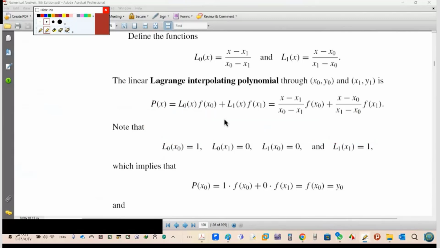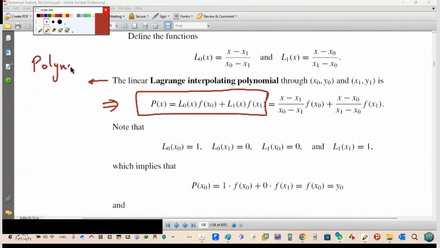How can we create this using the other one? So P(x) is L0(x) f(x0) plus L1(x) f(x1). First of all, this is a polynomial of degree 1, which means I need 2 points.